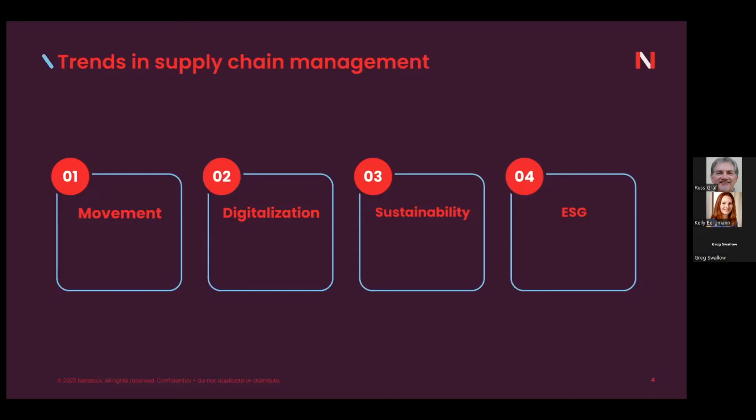And so that created a huge influx of new tech coming in, new processes, lots more data to manage and so forth. So the whole concept of digitizing and digitalization of the supply chain, again, was already a trend.